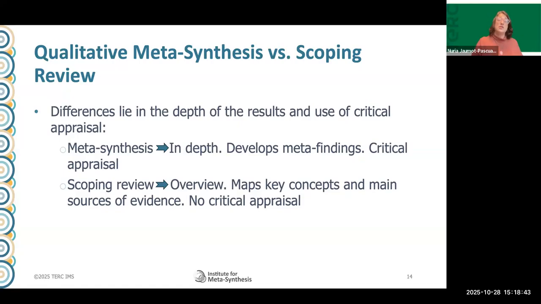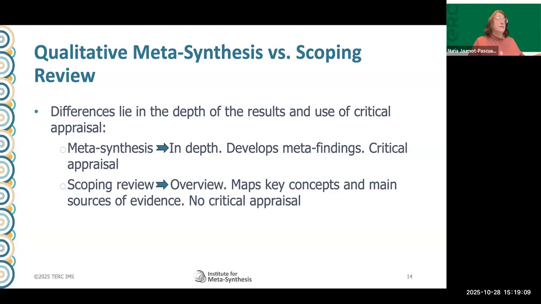Sometimes in the literature, you find a scoping review published first and then a qualitative metasynthesis later on, a couple of years later, for example. Because a scoping review is rapid, it's fast, it also may be the best choice for a meta study if the funds or the time are limited.